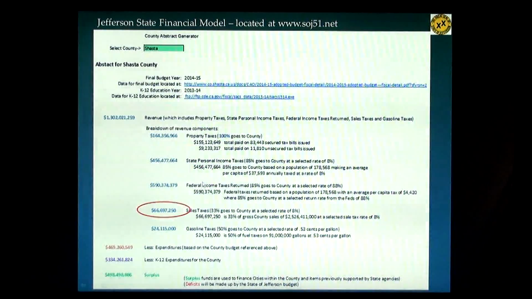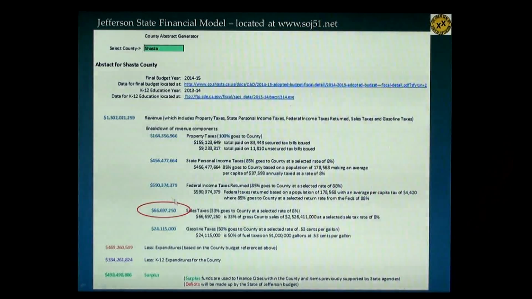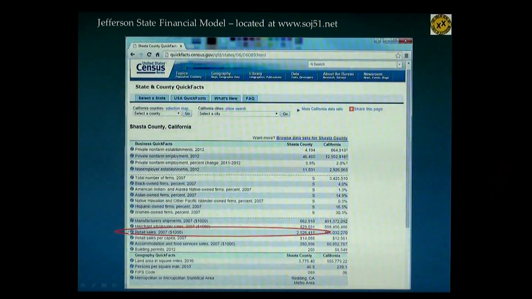For sales taxes, Shasta had over $2 billion worth of sales, and at the tax rate, we're using an average of 8%. This is pulled from the US Census data. Again, we're using a 2007 number, which should be similar to the beginning of 2015.